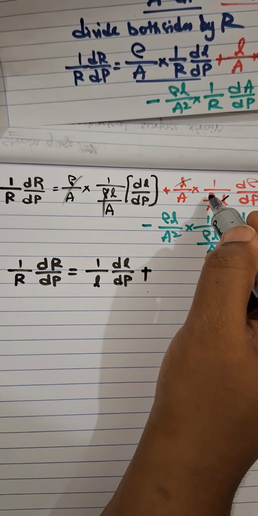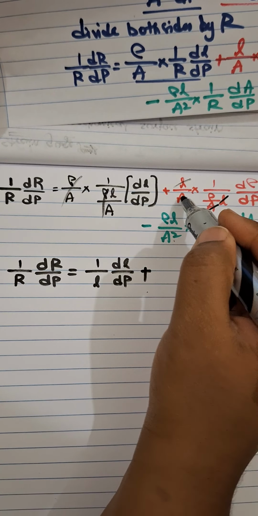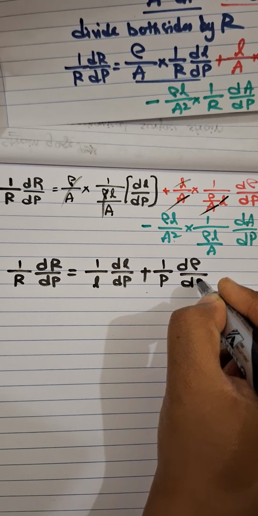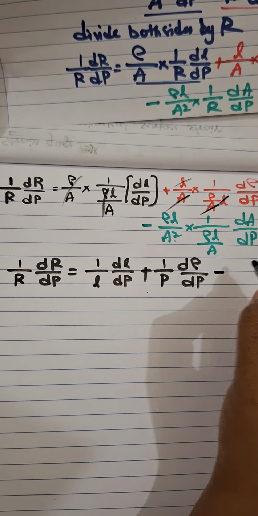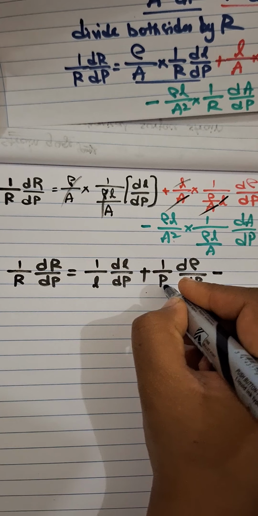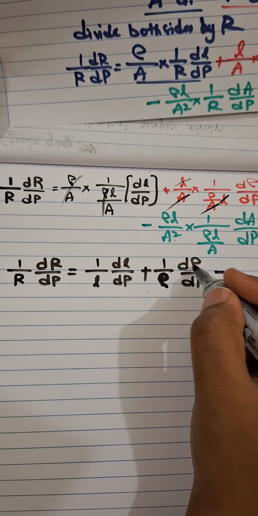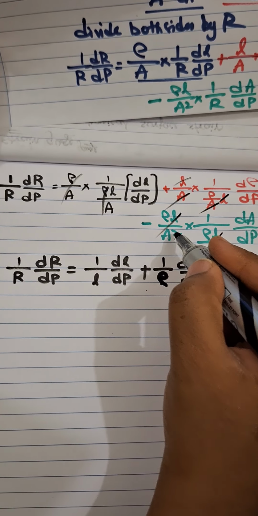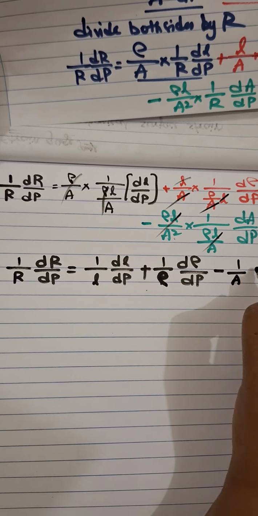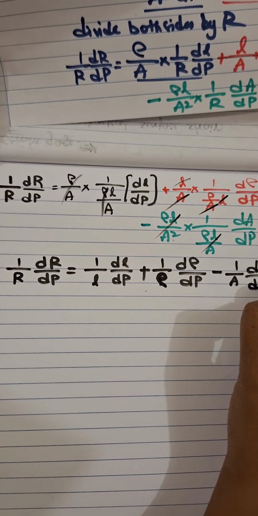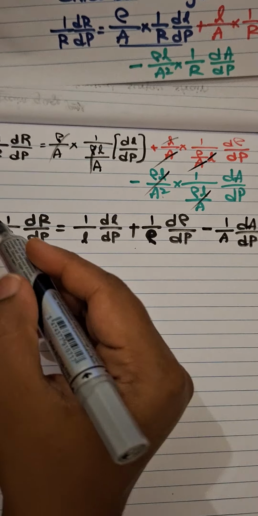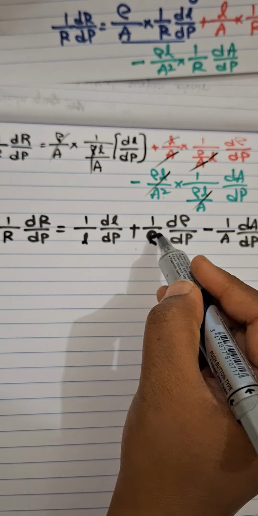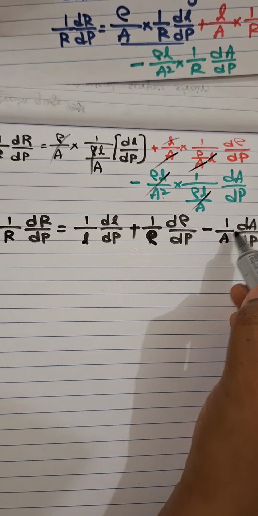A rho by A means A will go up, means A cancel, means 1 by rho d rho by dp, minus rho L by A, cancel, here still A is left, so 1 by A dA by dp. Now see how is this equation? 1 by r dr by dp, 1 by L dl by dp, 1 by rho d rho by dp, 1 by A dA by dp.